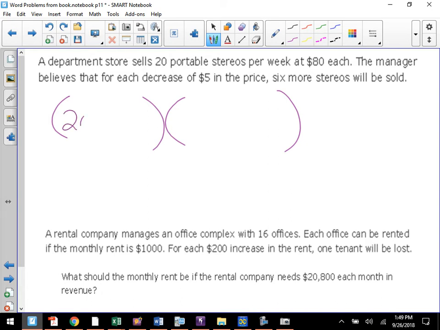They believe that for each decrease of $5 in price, which means the 5 goes with the 80, every decrease of $5, 6 more stereos are sold. So if I decrease it 5 times, however many times, I will increase my sales 6 times.